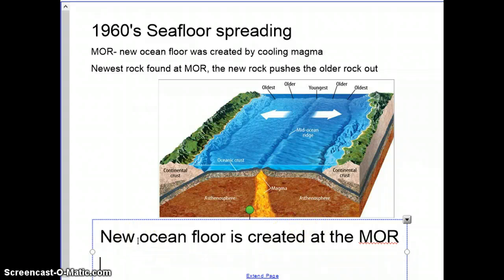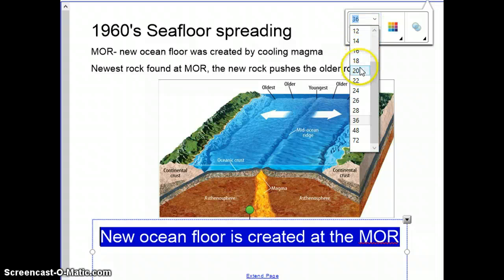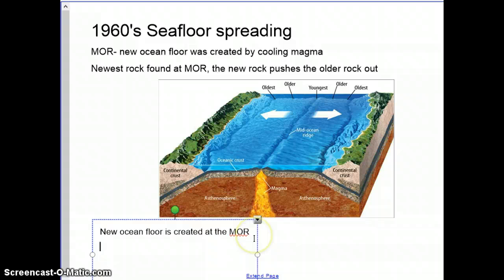The second way that this is formed, I'm just going to make my font a little smaller so you guys are able to continue to see it, is that magma pushes through cracks in the ocean floor, and this tends to create more mountain ranges.